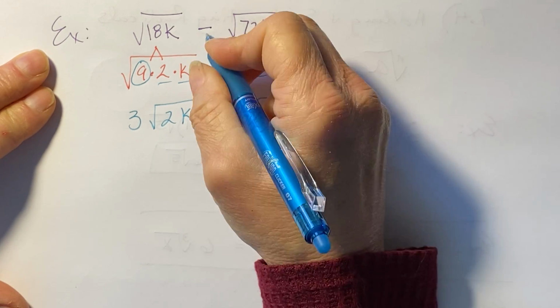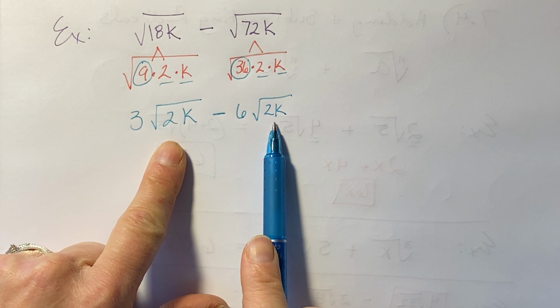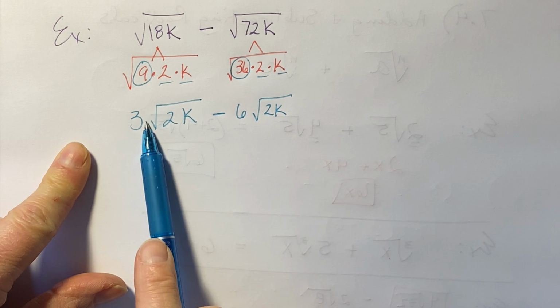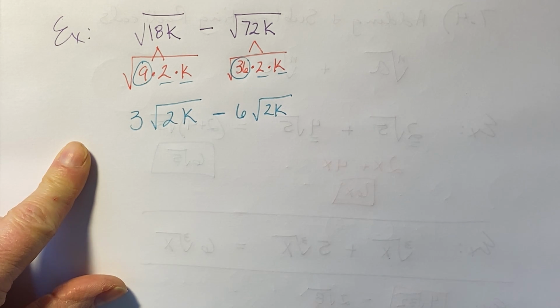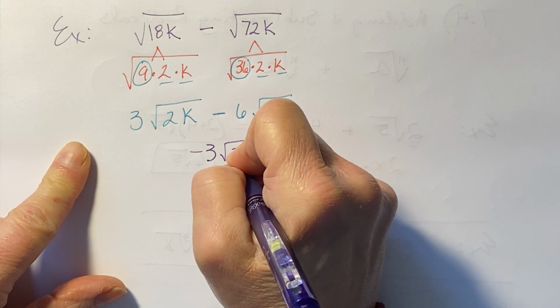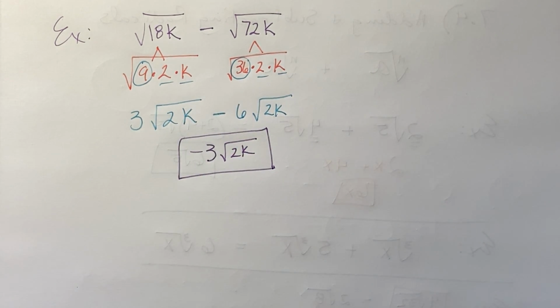Don't forget what we're doing. We're subtracting. So now I do have like radicals. Square root of 2k, square root of 2k. So 3 minus 6 will give me a negative 3 square roots of 2k. And that's my simplified answer there.